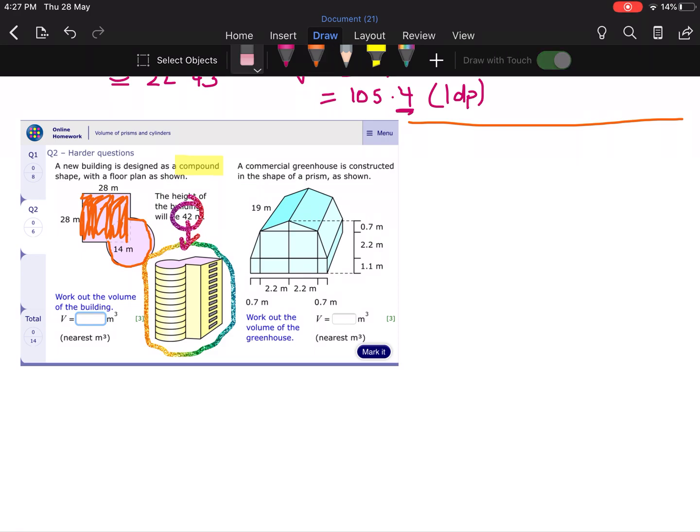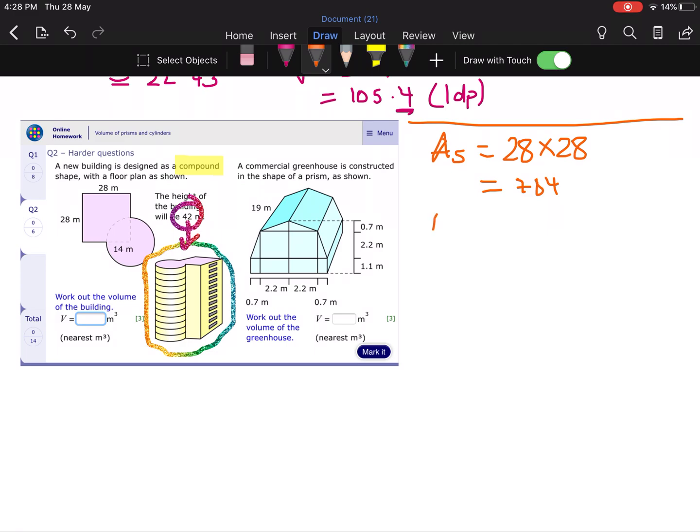or you could just do 3/4 times the area of the whole circle. So if I write that, the area of the square is equal to 28 times 28. That's nice and easy, because a square means squared, and that gives us 784. So that gives me the area of the square.